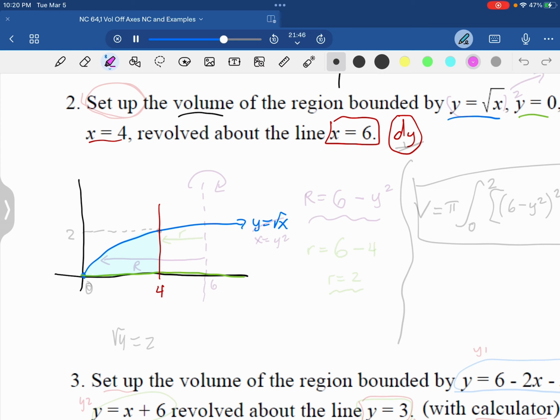So our region is bounded by root x, y equals 0, and x equals 4. So that guy.